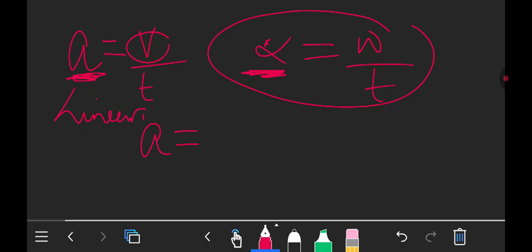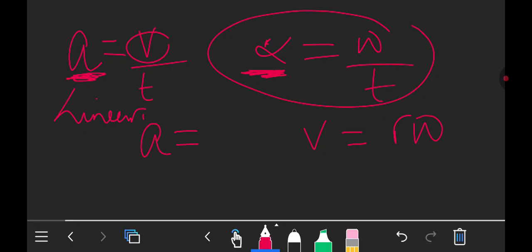So we have acceleration is equal to velocity over time. But from the previous equation, we said velocity is equal to radius multiplied by omega, which is angular velocity.